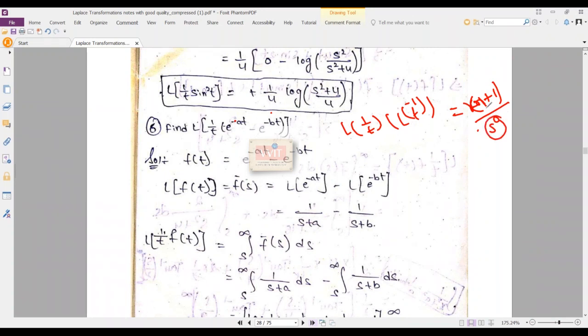S power 0 is 1, no issues, but gamma of 0 is not defined. So don't take that priority here. Just don't take that priority here; give the e power at last. So you need to switch depending upon the situation. Here, this is the best example for that.